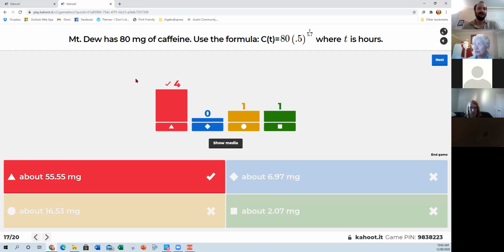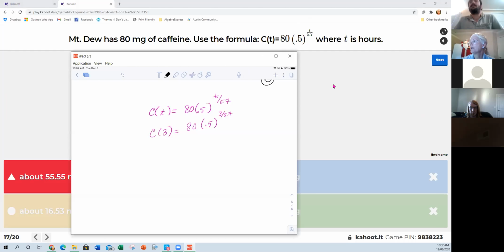Okay, so I've given you the formula, and I will do that tomorrow on the test as well, so you won't get any confusion over the denominator. So we're looking for 80 times 0.5 to the 3 over 5.7.